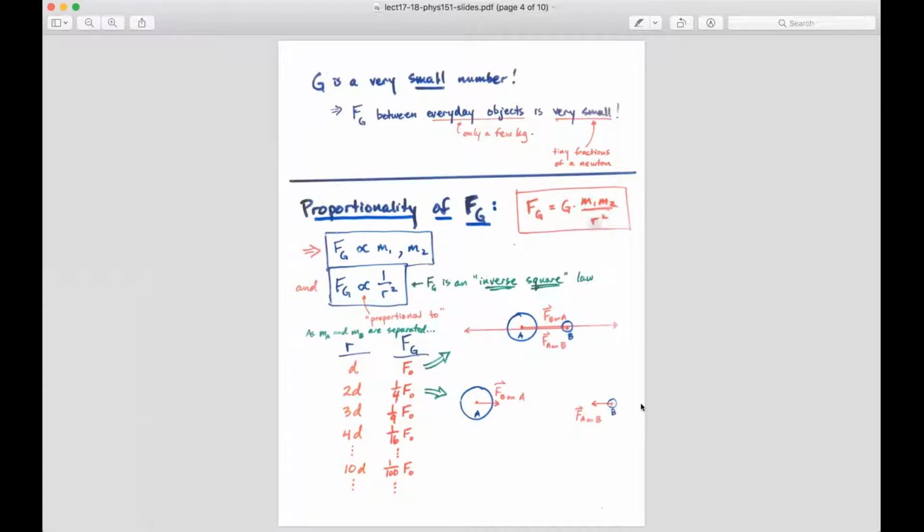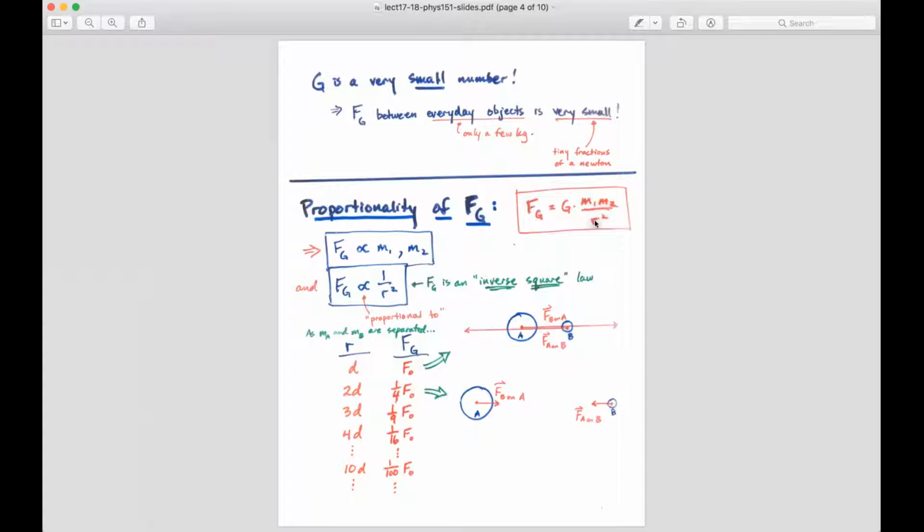It's easier to see the force vectors on this one, right? Here's the attractive force of A toward B and the attractive force of B toward A. If I were to double the mass of A, both of these force vectors would get twice as large. If I were to double the mass of B, each of the force vectors would also get twice as large. So that's a direct proportionality in the numerator.